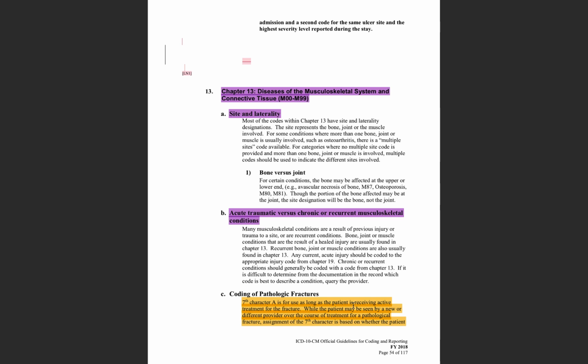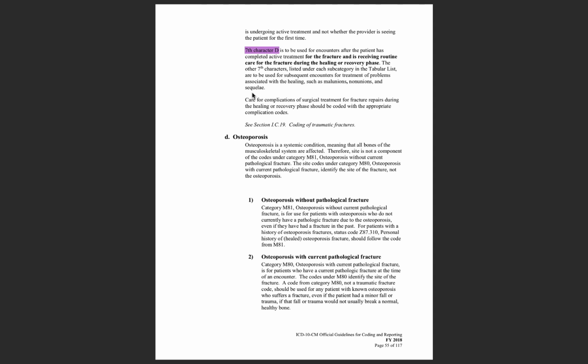If the patient is actively being treated for that pathological fracture, the A should be used. After the A, the character D should be used in subsequent encounters, not on the same encounter. The seventh character D is used for encounters after the patient has completed their active treatment for the fracture and they are just coming in for follow-up visits to see the healing.